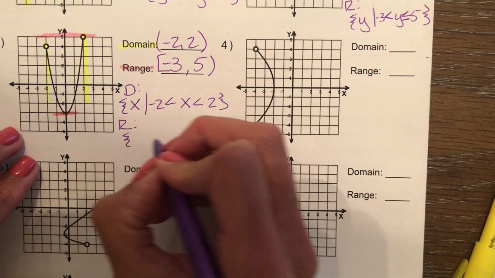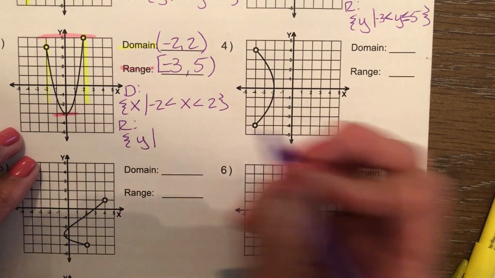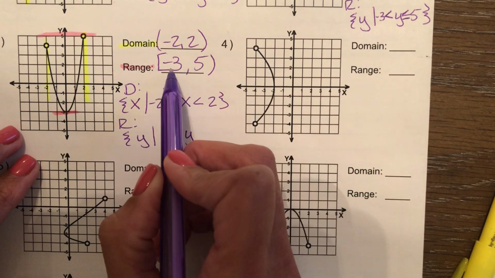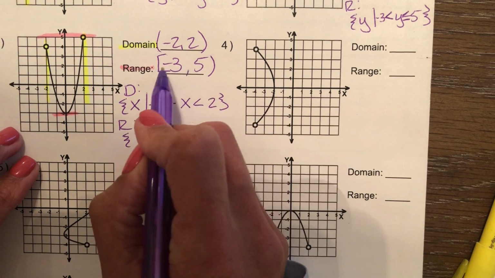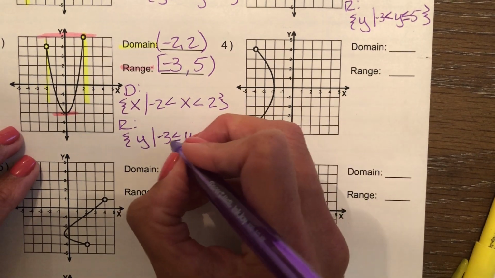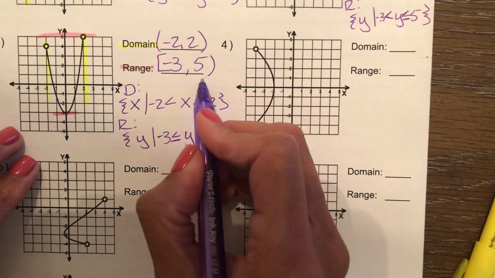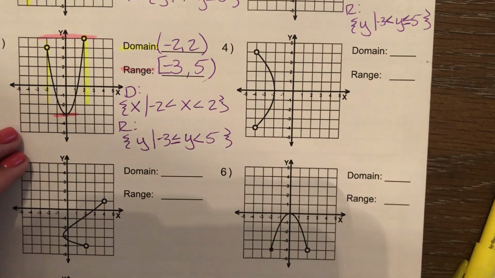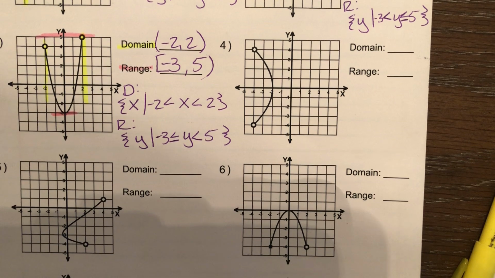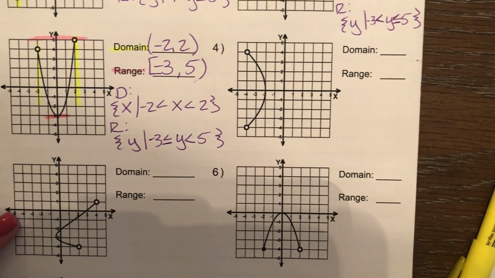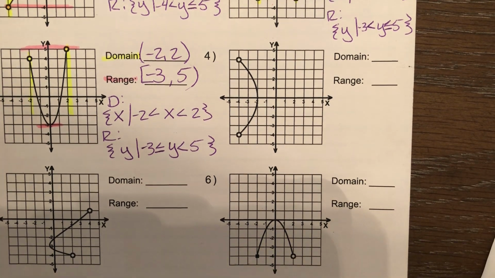Range, fancy bracket, y, such that y is in between -3 and 5, bracket, less than or equal to, parenthesis, less than. Pause the video, try to do number 4, and then we'll check it. Okay, let's see how you did.